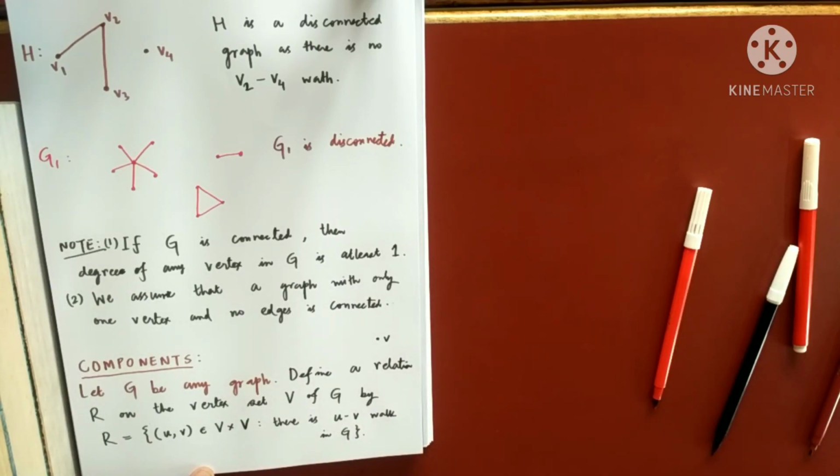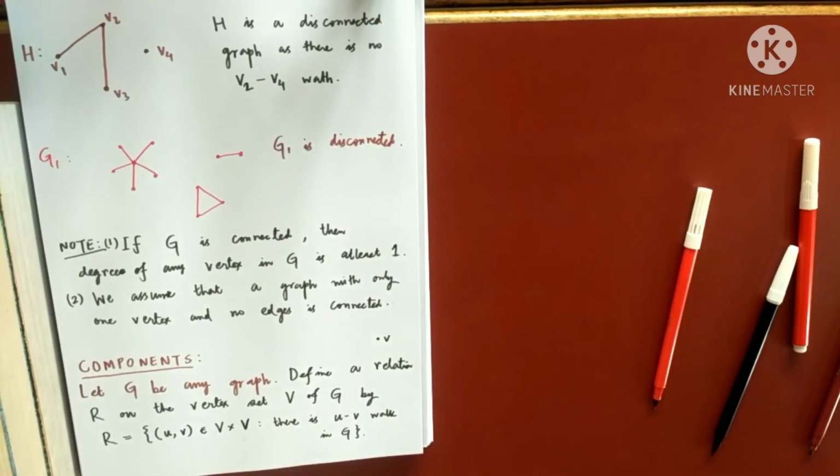We say that two vertices are related if and only if I can find a walk from the first vertex to another vertex. I will say u is related to v by the relation R if I can find a walk from u to v. Any confusion up to here?